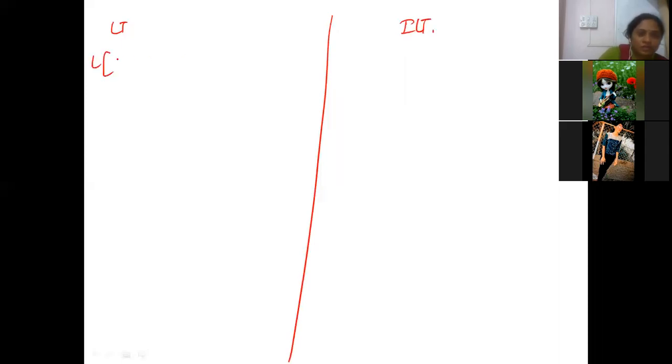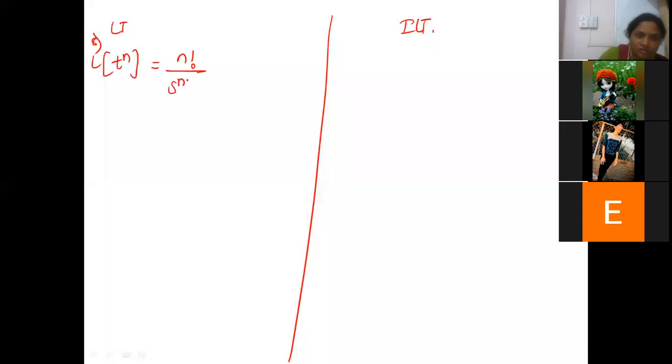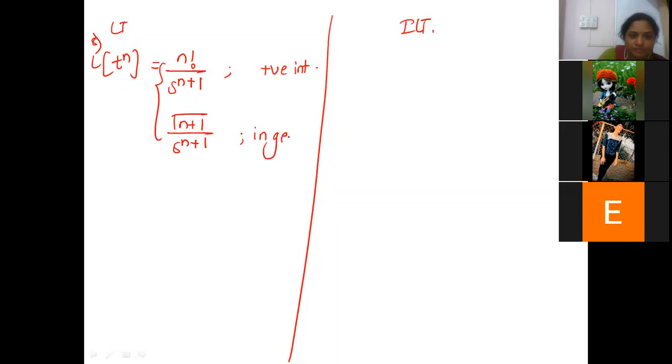Okay, the last formula in Laplace was Laplace of t raised to n. What is the formula? n factorial upon s raised to n plus 1 if n is a positive integer, and it is gamma n plus 1 upon s raised to n plus 1 in general.